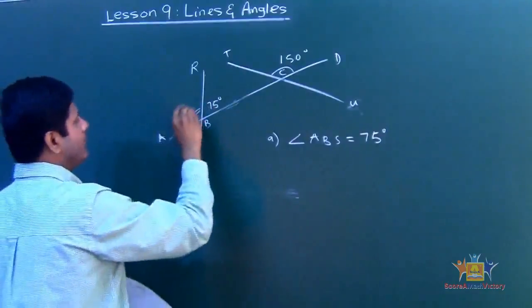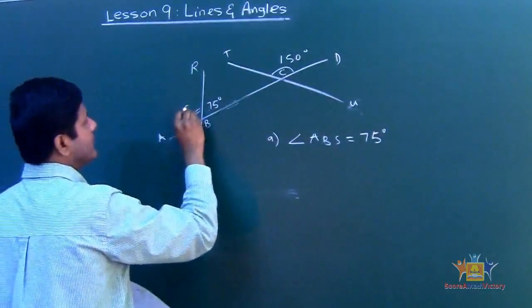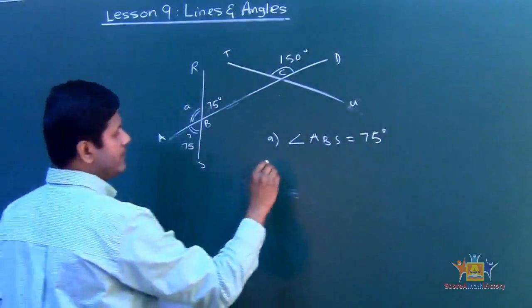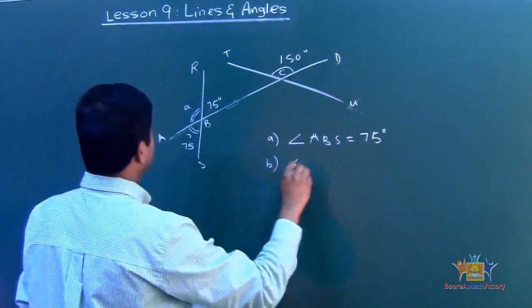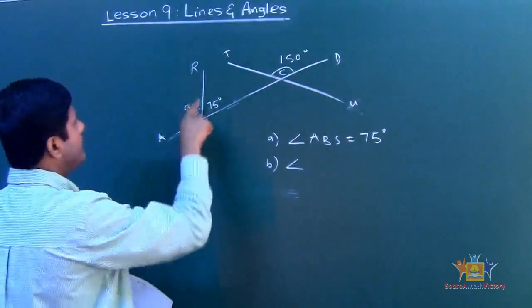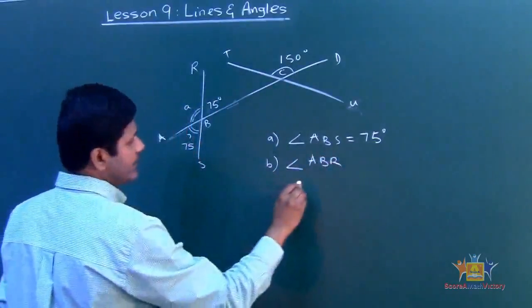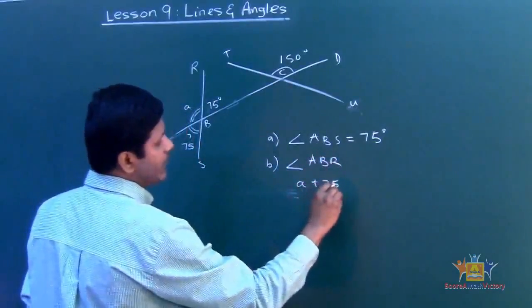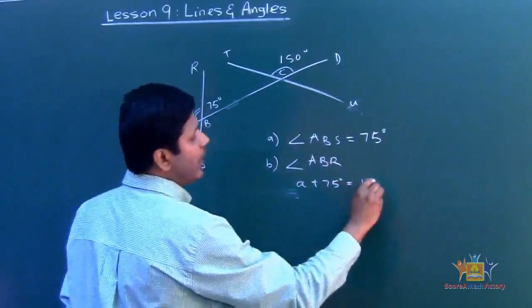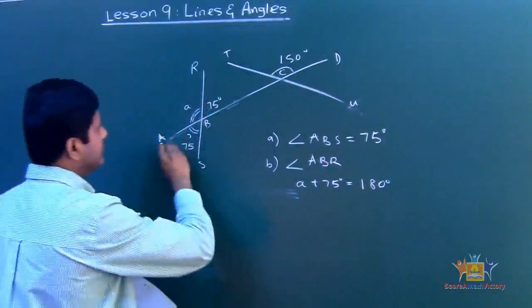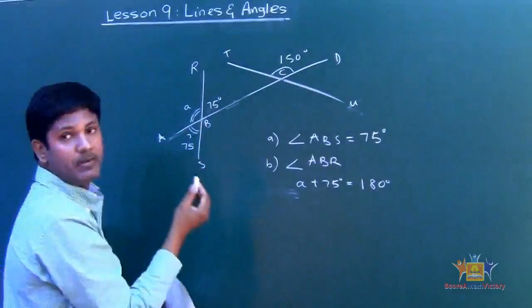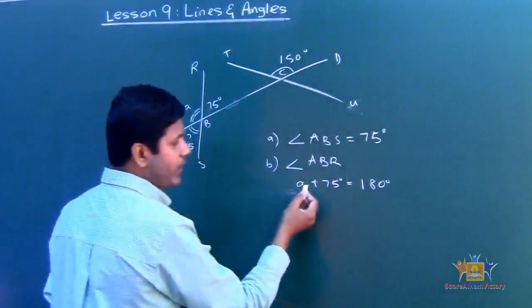Let's call the angle we're looking for, angle ABR, A. We know that A plus 75 degrees equals 180 degrees, because it's a straight line. They are supplementary to each other, and I'm looking for A.